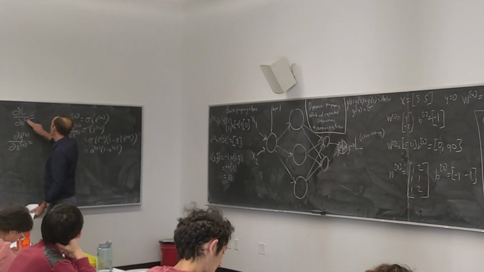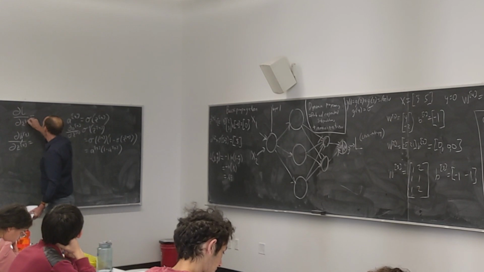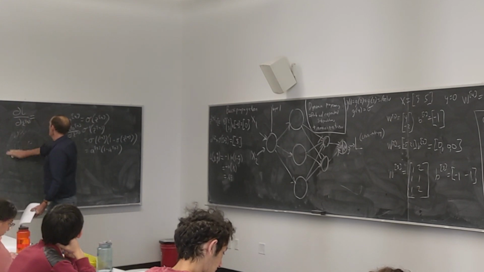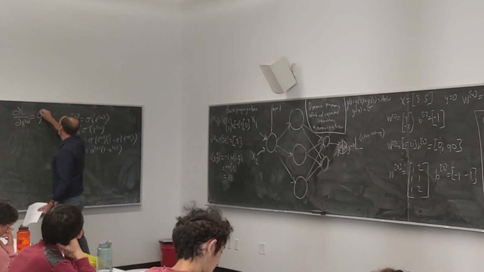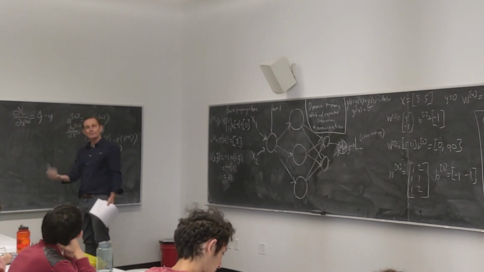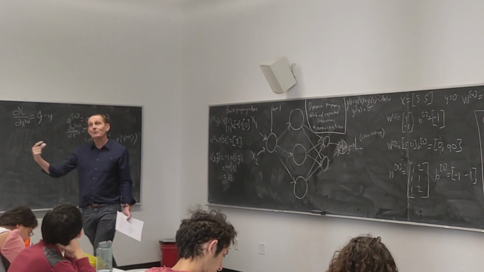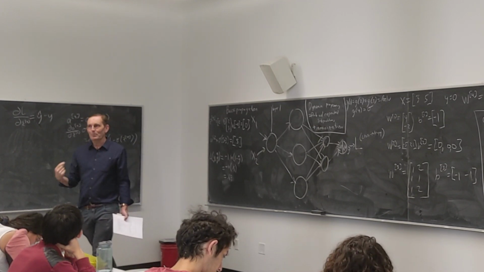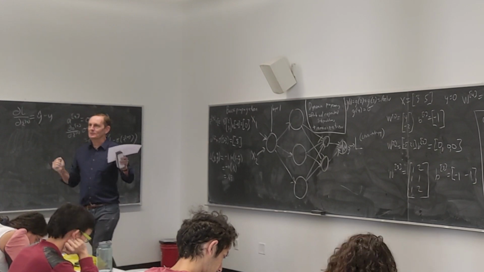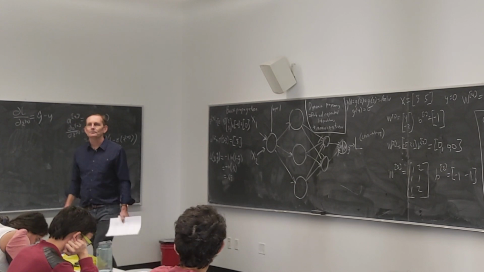So we're not going to even go to A4. We're going to go directly to Z4, and that equals y hat minus y. Now if you have a different activation function at the end and a different loss function, you may want to do them separately. But whenever you have sigmoid and cross-entropy loss, take the derivative of them together.